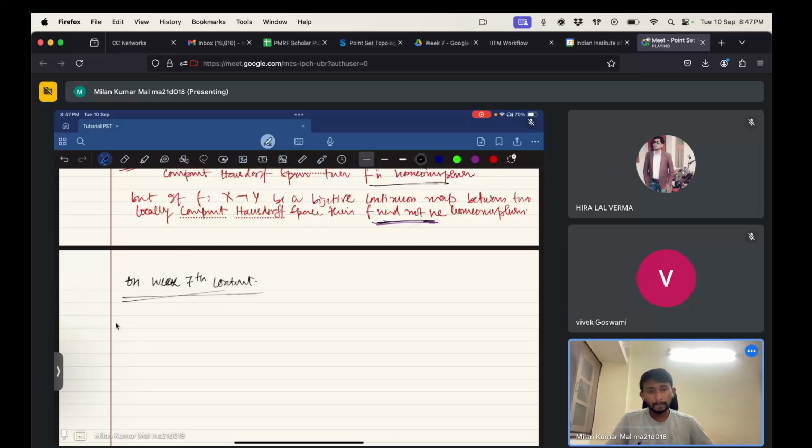First is one point compactification, and second is quotient topology. Let's try to discuss one point compactification a little bit, and some things which will help to solve your problems, I think.